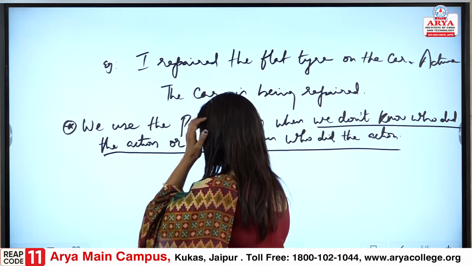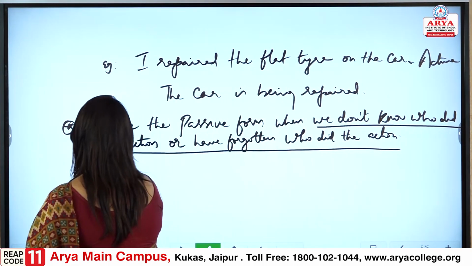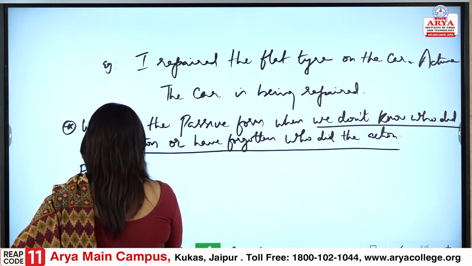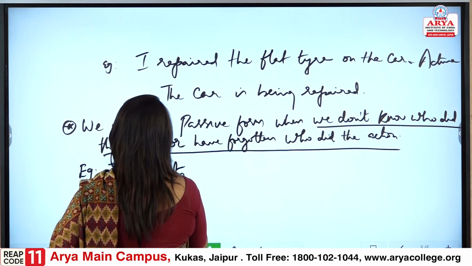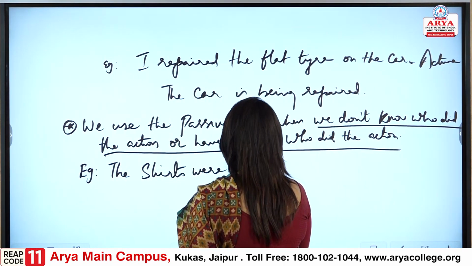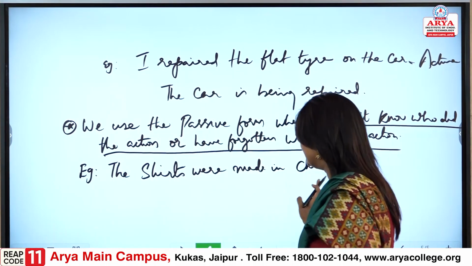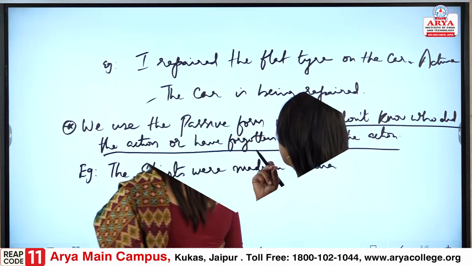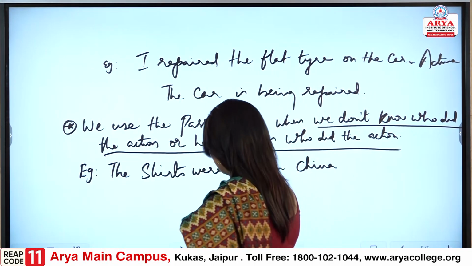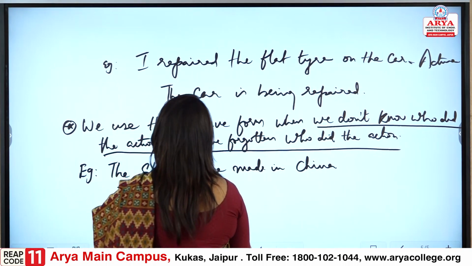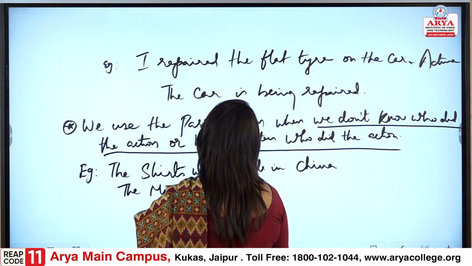Fine. So now remember, let me give a few examples. The car was damaged, or the shirts were made in China. Fine, the shirts were made in China. And another simple example, let me take: the minister was murdered.